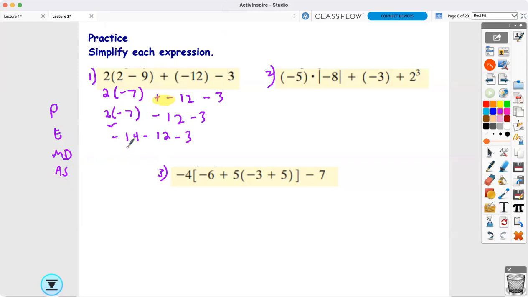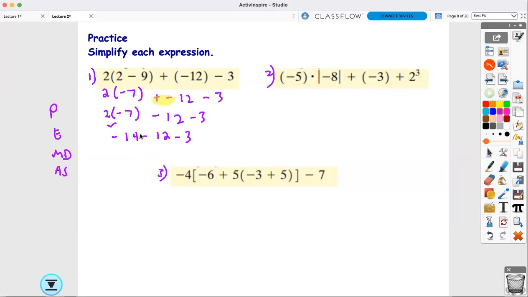So -14, do we have 14 in the bank or do we owe 14? We owe. Minus 12, did we spend 12 more or did we put 12 in our account? We spent 12 more.